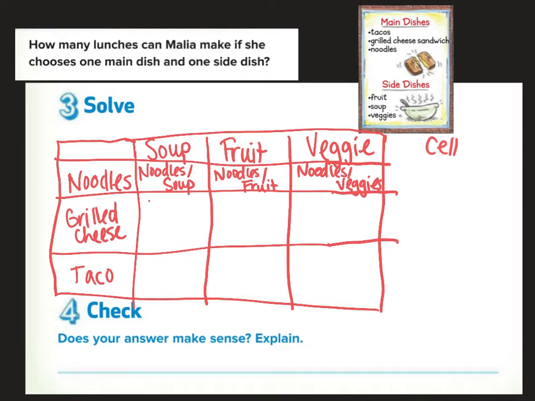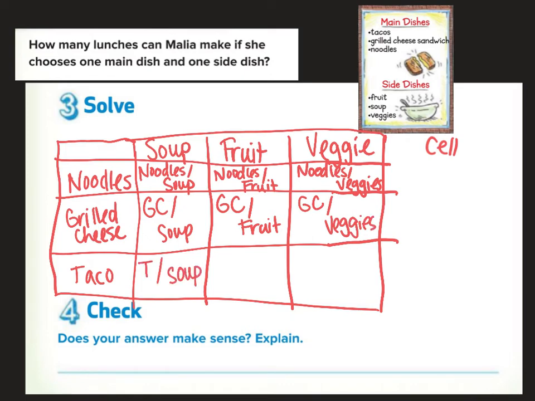Then she could have grilled cheese with soup. Grilled cheese with fruit. Grilled cheese with veggies. And lastly, she could have taco with soup. Taco with fruit. And then taco with veggies.